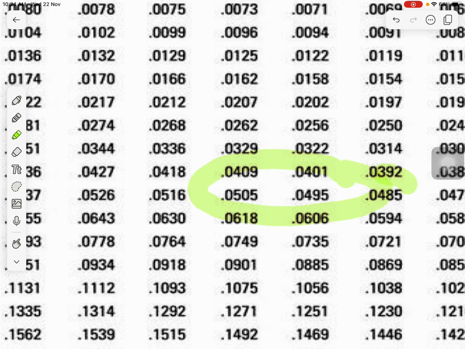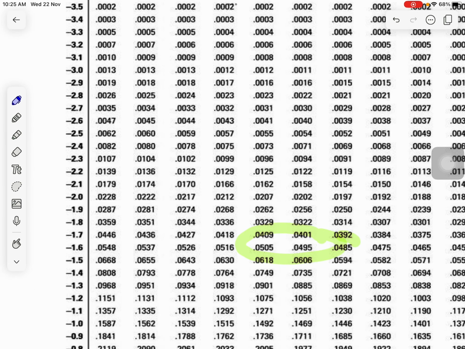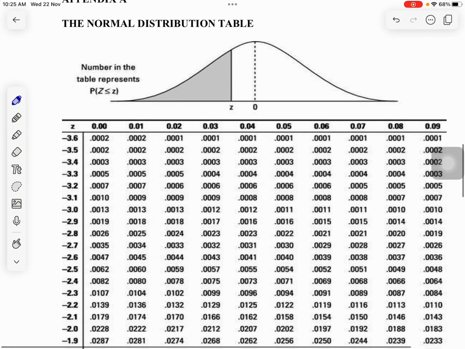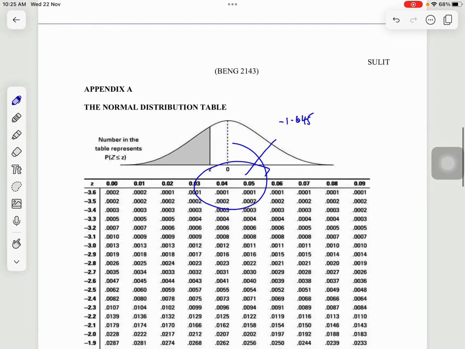Okay, 0.05 is between 0.0495 and 0.0505. So you know that the value is negative 1.645. Okay, for negative.